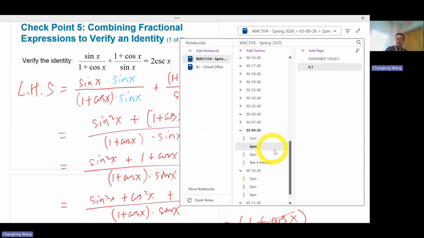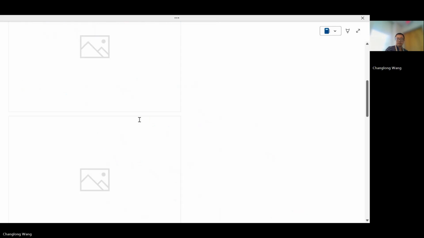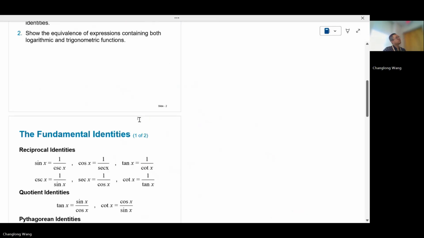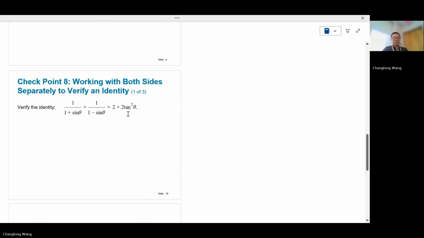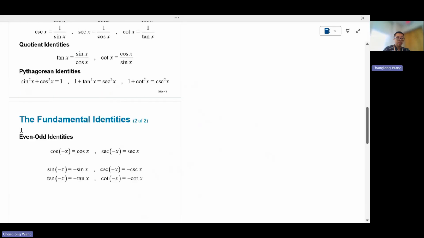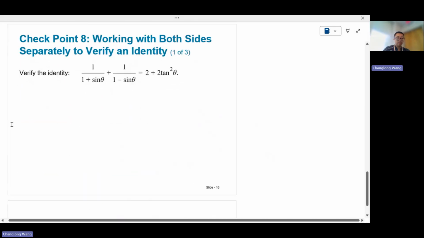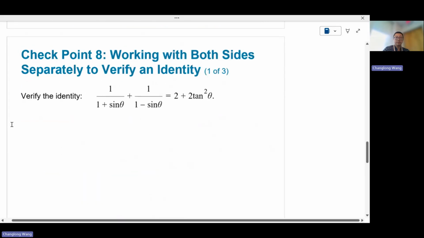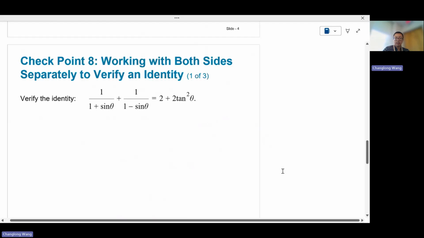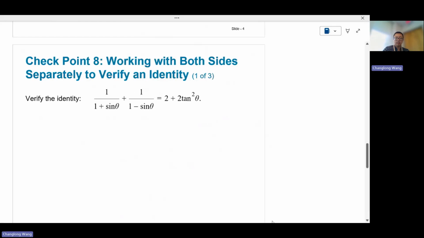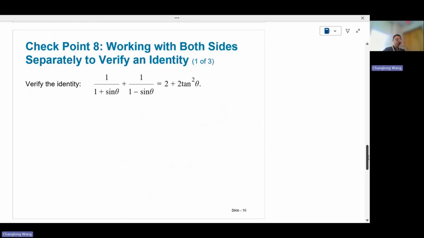Anyway, let's take a look at, let's see here. Checkpoint number 8. And again, if you are reading the e-textbook, I think that's one of the exercises towards the end of section 6.1.